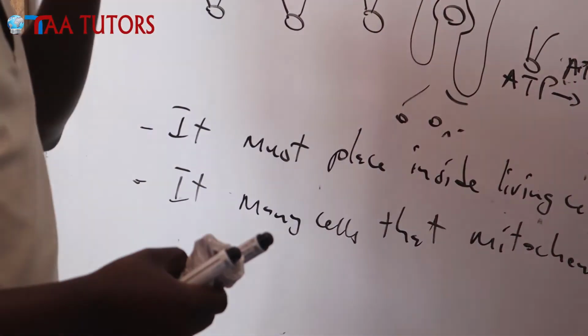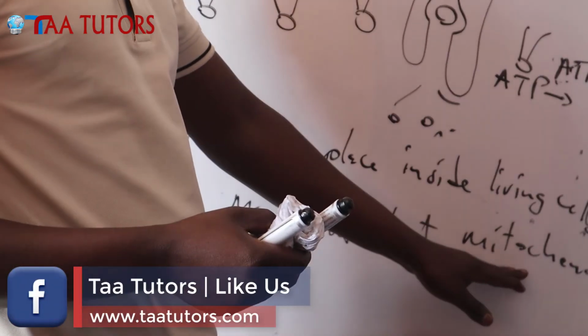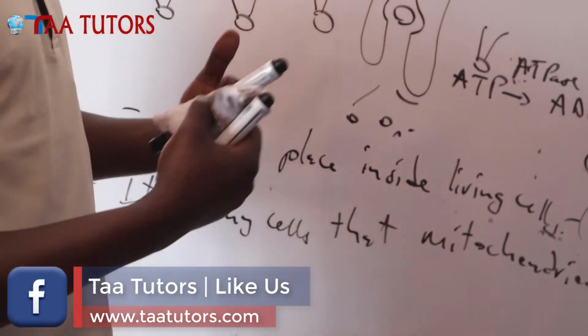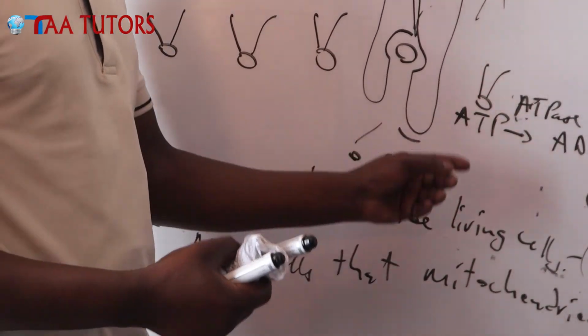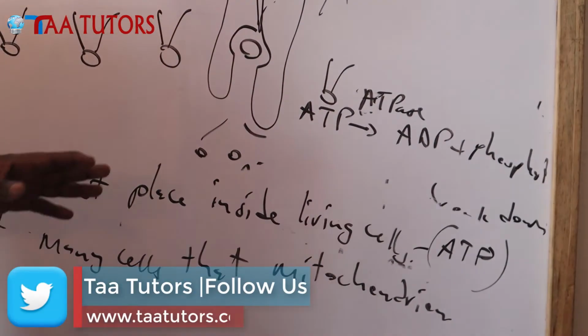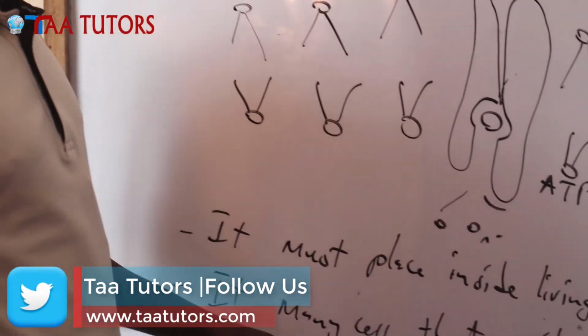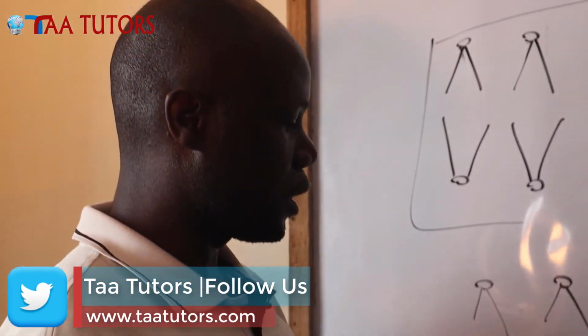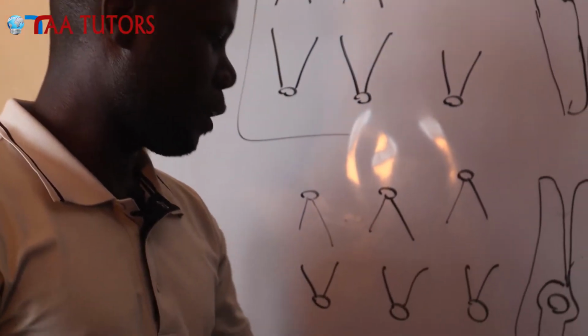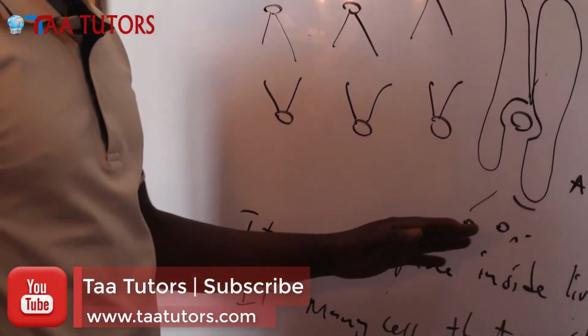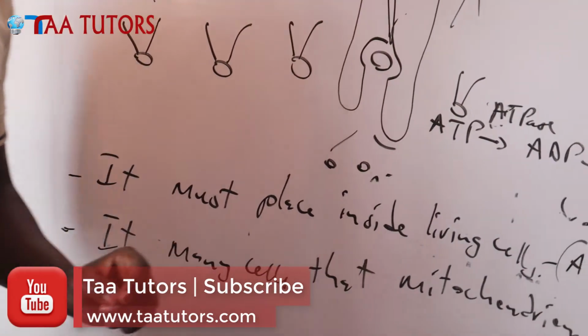So if a cell has a lot of mitochondria, this will be facilitating active transport so much, because those cells will be having the correct amount of energy that is needed for the process to take place. So it's good for us to note that active transport is facilitated more in the cells that have got a lot of mitochondria. Apart from the cells being alive, there must be mitochondria.